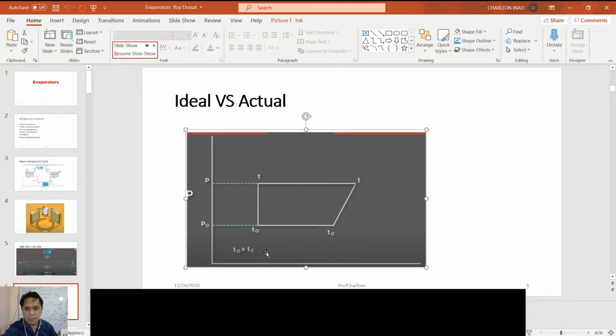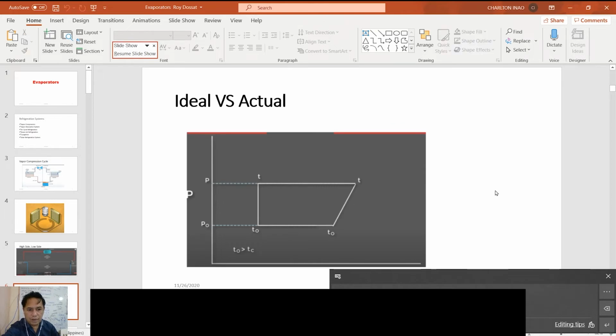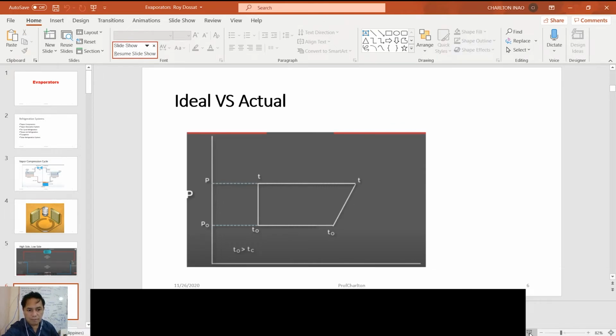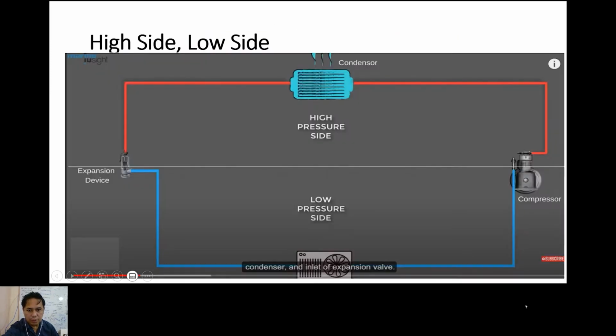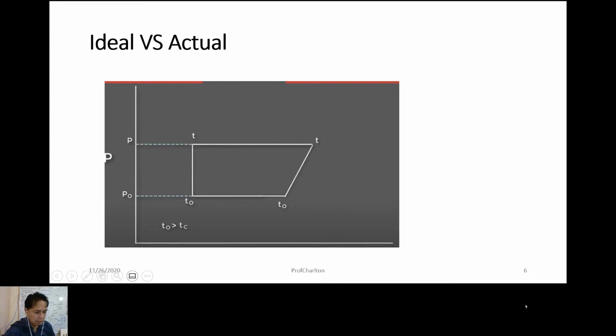The ideal refrigeration system, just a review, is this. So here, the only thing you have to know is that it should touch the saturated liquid line.